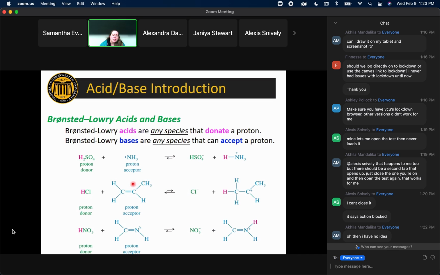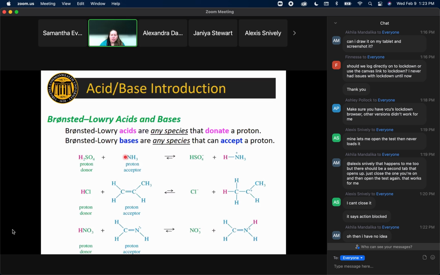So in this case, in the middle here, the pi electrons actually give up their nature as pi electrons and free themselves up to create a new bond with that proton. So in each of these cases here, in ammonia, in this double bond in the middle, and in this nitrogen over here, all three of these bases or proton acceptors, they have the capacity to use some of their electrons to form a new bond with hydrogen.